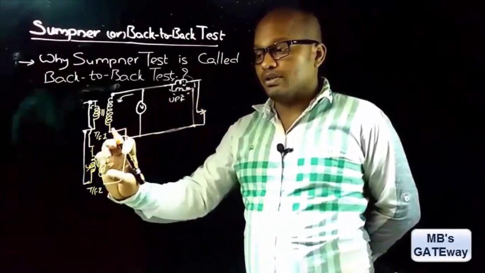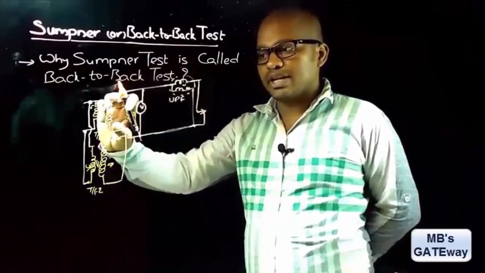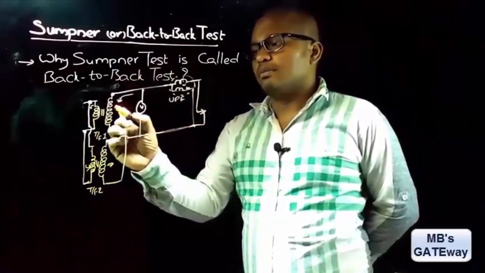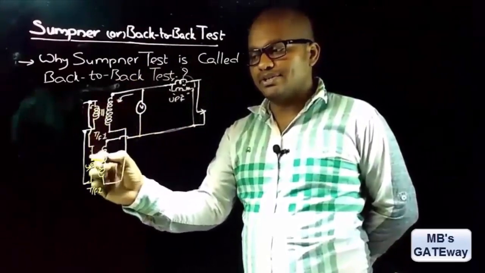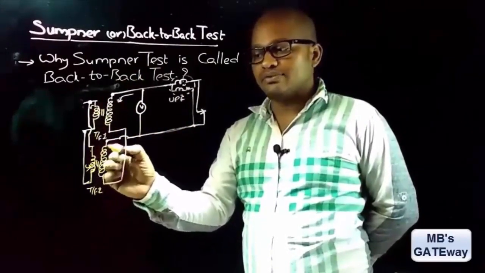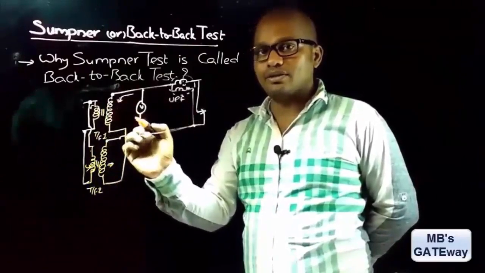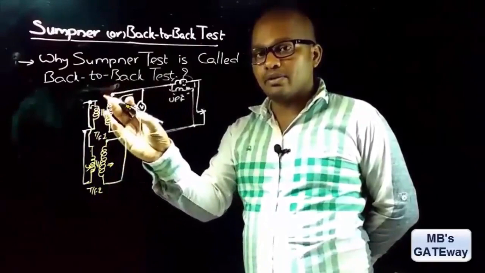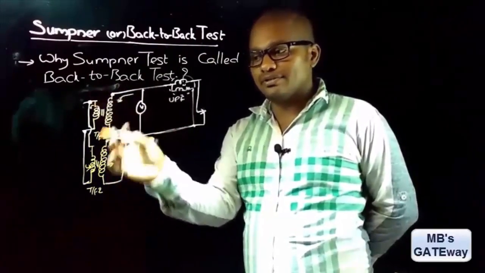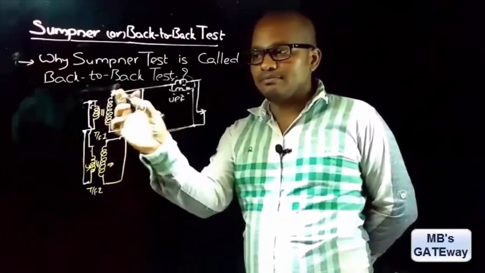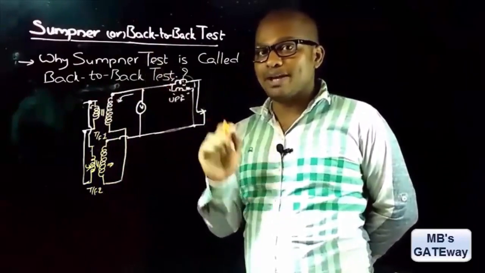Now observe that the output received by this transformer is fed to this side of transformer 1, which means one transformer acts as load on the other transformer. This transformer's load is this, and this transformer's load is this. Because of this reason, Sumpner's test is also called the back-to-back test.